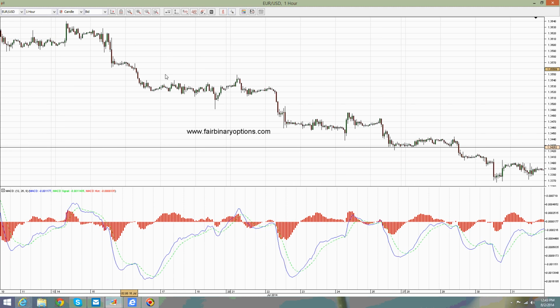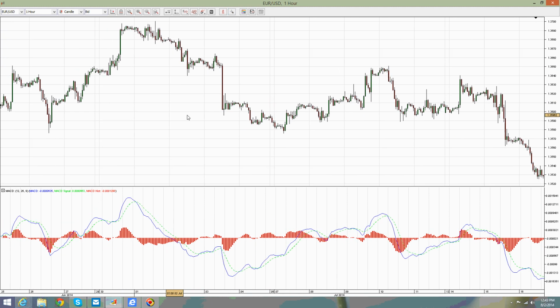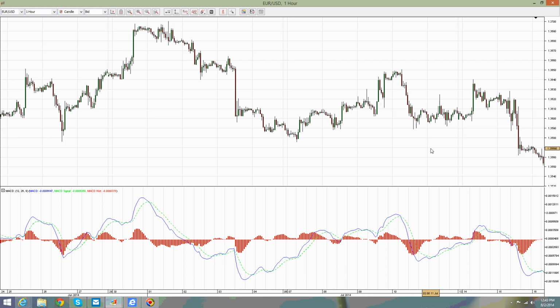Now if you go back in time, let's go a bit back in time and then come back towards the current prices. And normally, of course, these are the signals that one should look for. To the downside, if you are looking to buy put options, or if you are looking to short a currency pair or a financial product, always look for the MACD signal or the green dotted line to be above the classical MACD, and that would be a signal to go and buy put options.